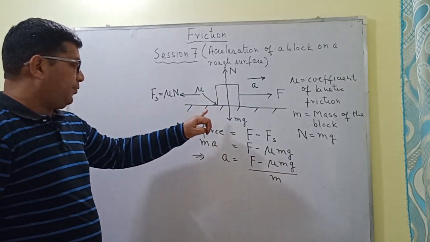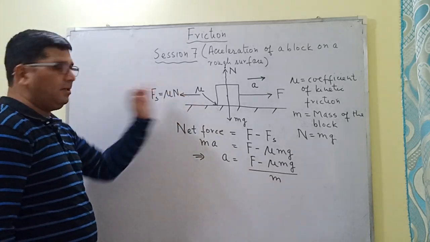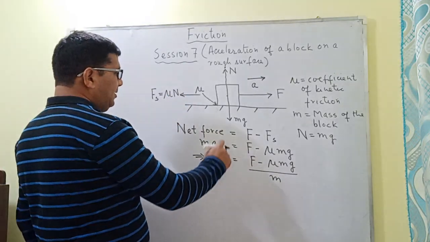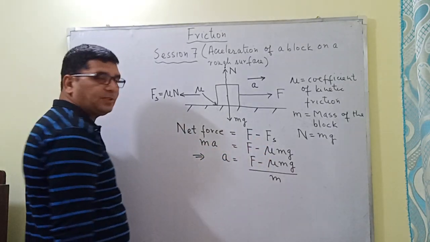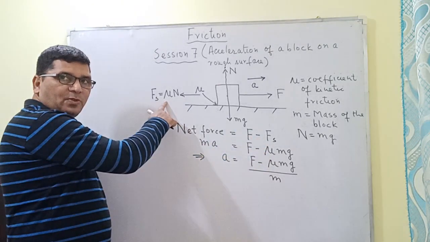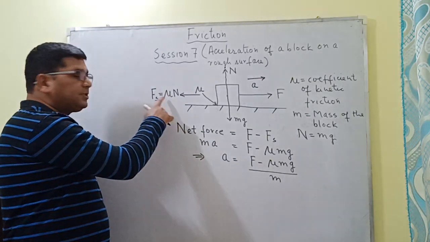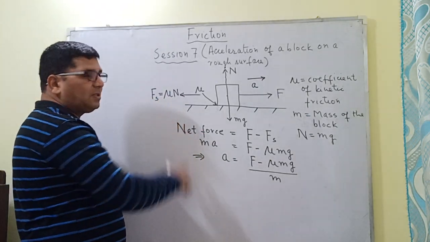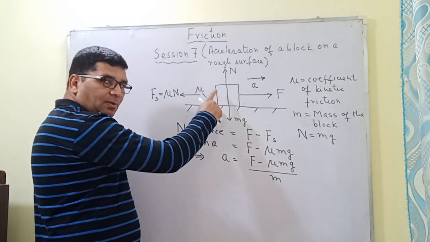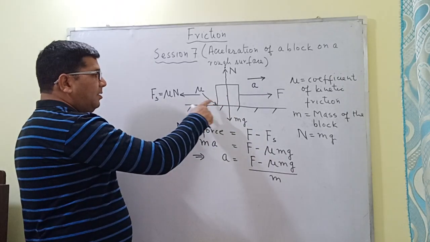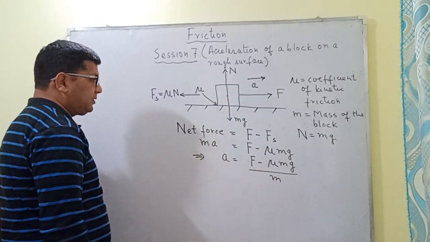Since friction opposes the relative motion, the force of friction will be acting in the backward direction, and the net force acting on this block will be equal to F minus Fs, where Fs is the frictional force. This is also the limiting friction, that is, the maximum value of the frictional force which will be generated when this block moves in this direction.